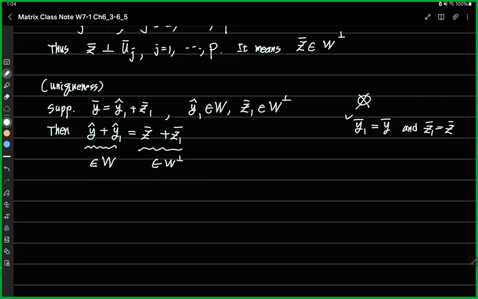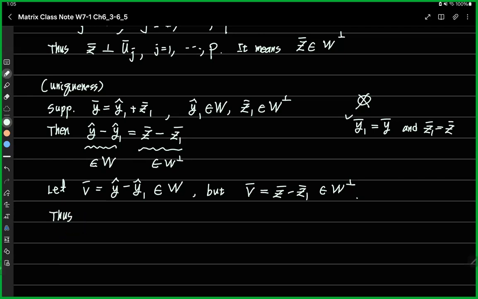So if we say subtraction, sorry, let's say V is equal to Y hat minus Y1 hat. Then this is in W. But V is also equal to Z1 minus Z, right? That is in W complement, right?